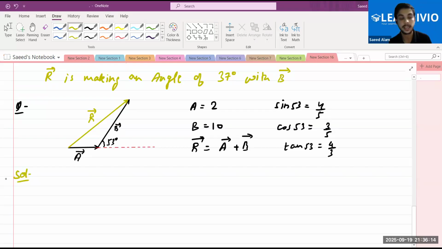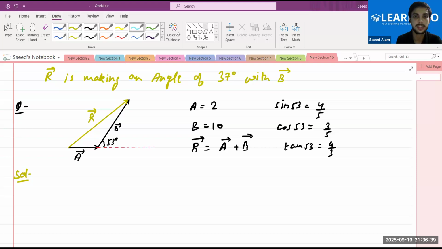Yes. Okay. But this time, how can I find out the magnitude of R? Can I use some geometry over here? See, how can I do that? What I'm doing here is, let me choose some different color pen.